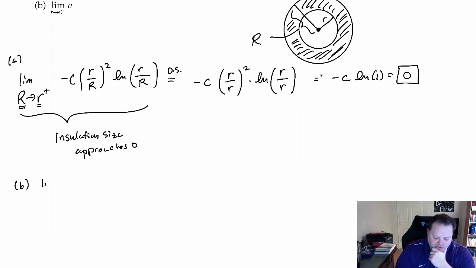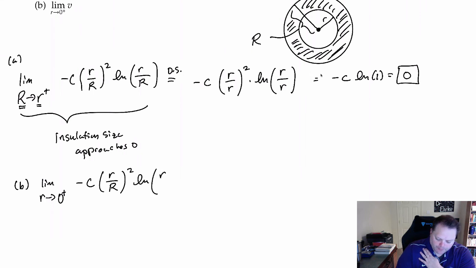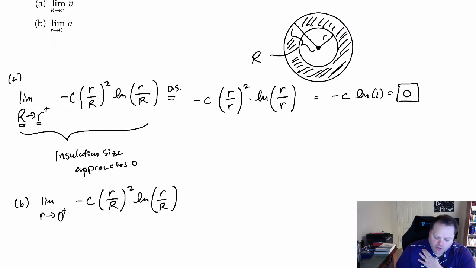So B asks you to look at the limit as r approaches 0 from the right of the same function. Okay, so r approaching 0 means this radius is getting smaller. It's asking me to describe what happens as the cable gets smaller, right?